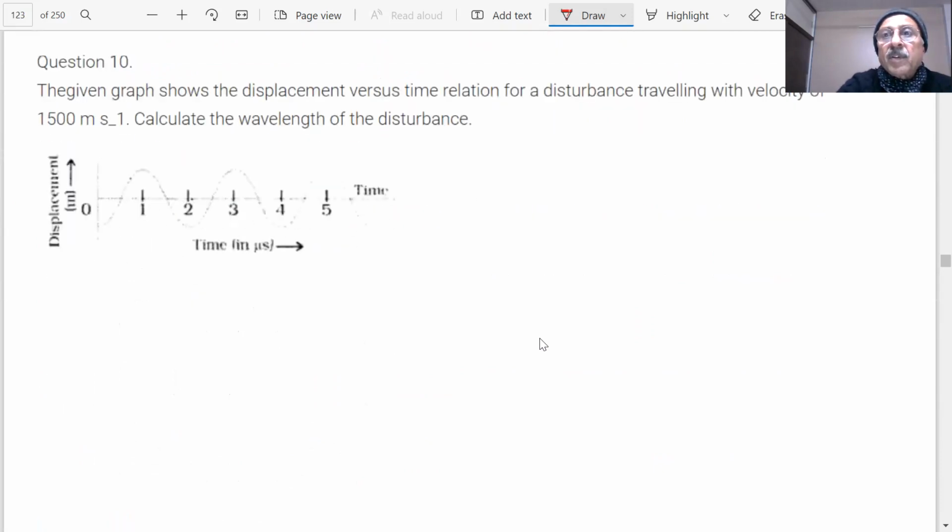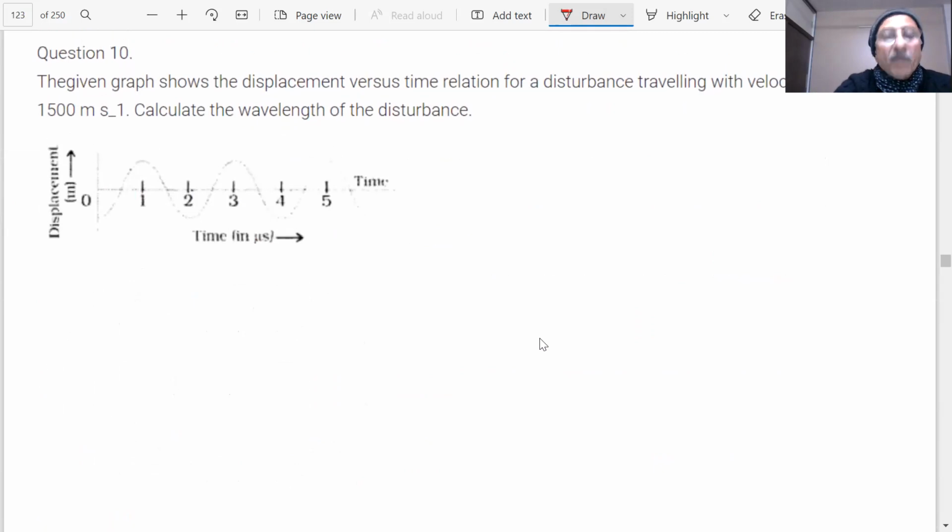Is the next question coming, students? The given graph shows displacement versus time for a disturbance traveling with a velocity of 1500 meter per second.